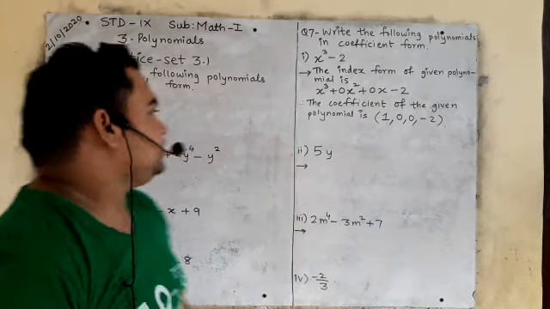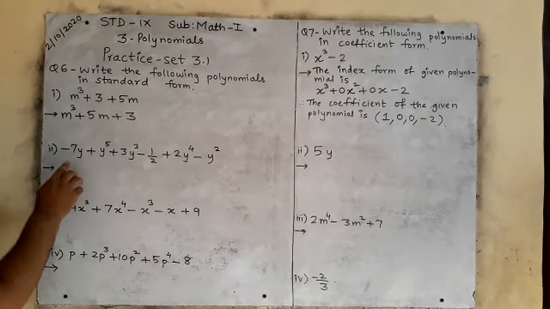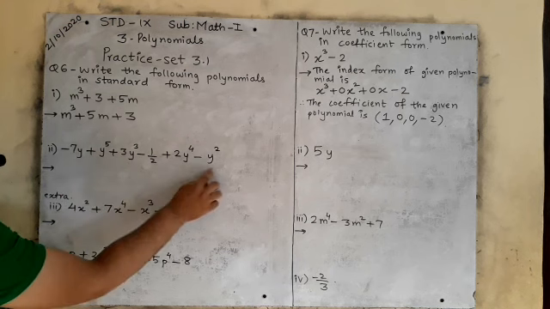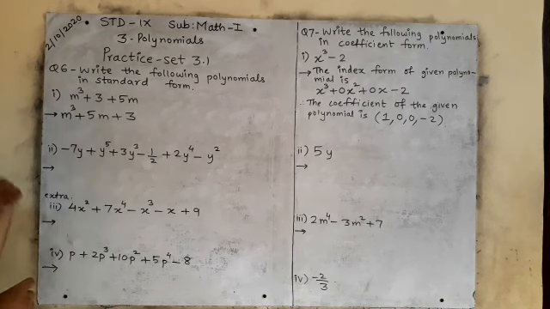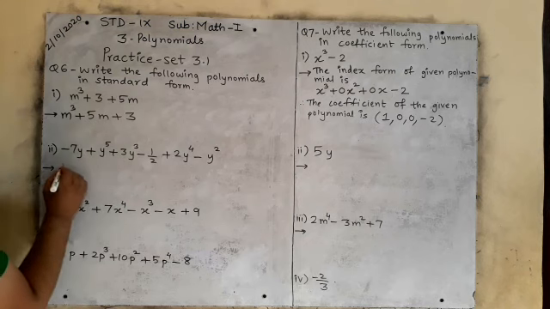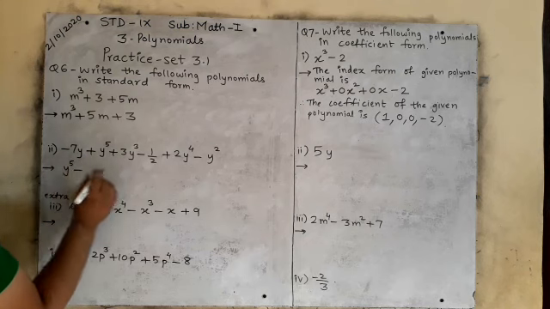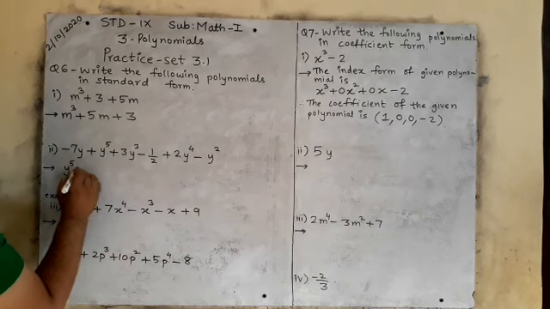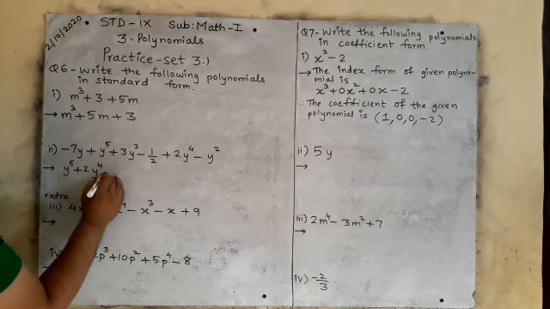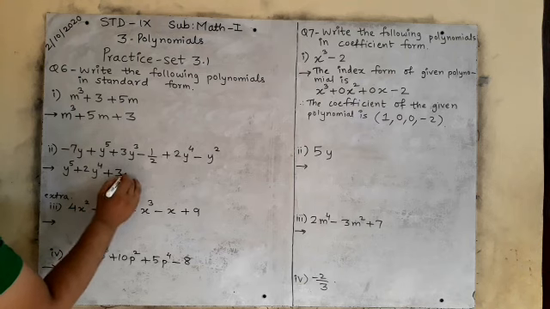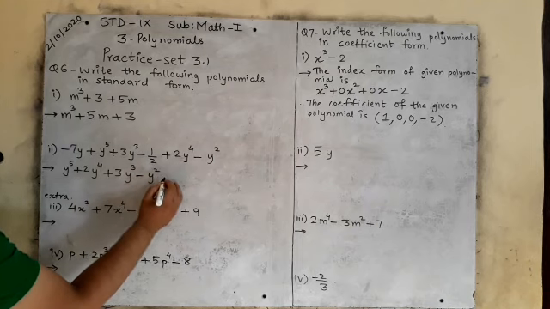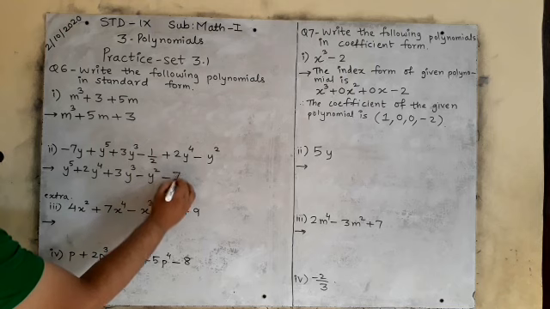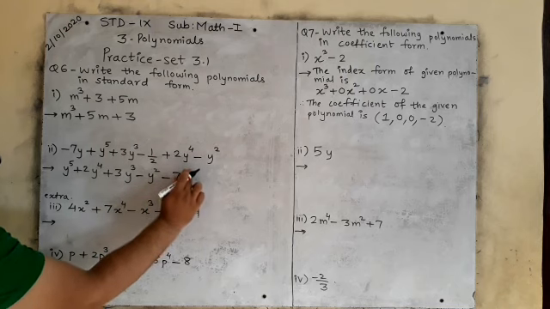Is it clear? Now see here the next one, here y is the only variable used in this polynomial. So check first which y is carrying the highest index. See, y raised to 5. So you will write that first, y raised to 5, then plus 2y raised to 4, then plus 3y raised to cube, then minus y square, then minus 7y raised to 1. 7y means y raised to 1.